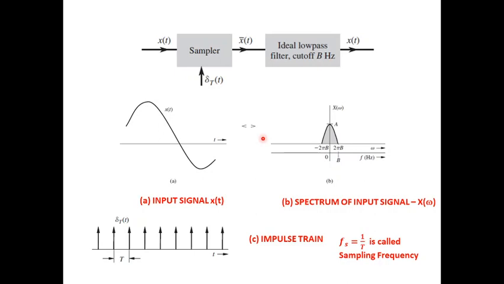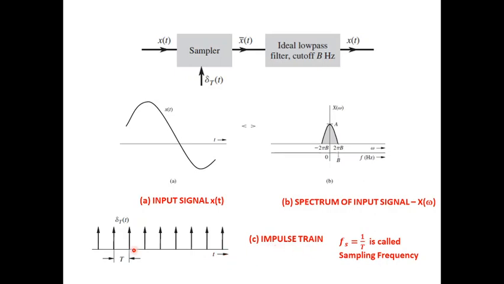In order to understand what the sampling theorem is, let us look into the procedure of how sampling is done. We can see here that the real-time signal x of t is given to a sampler which accepts another input, delta T of t. This delta T of t is nothing but a train of impulses, or an impulse train.